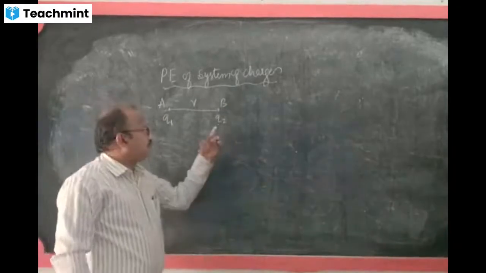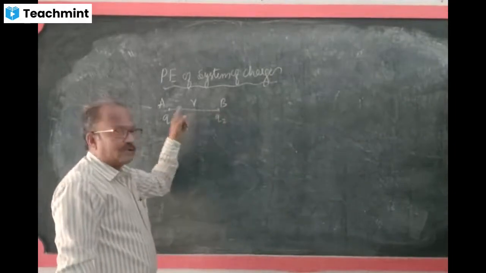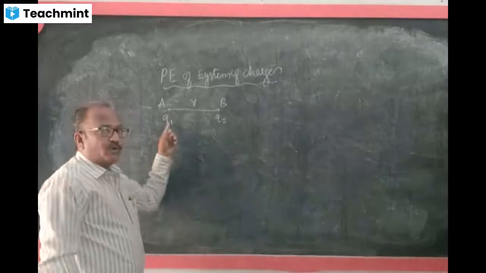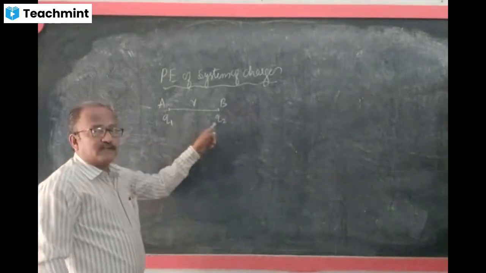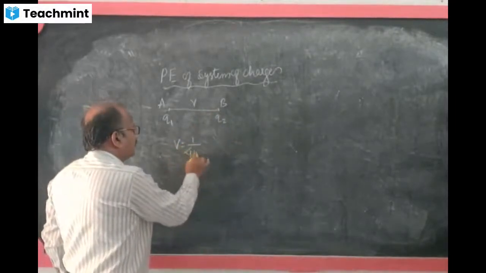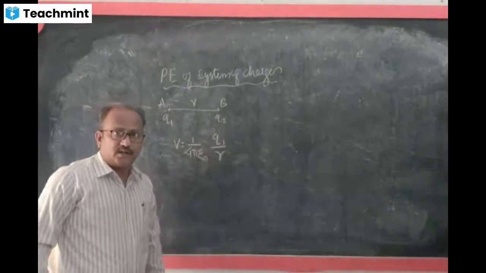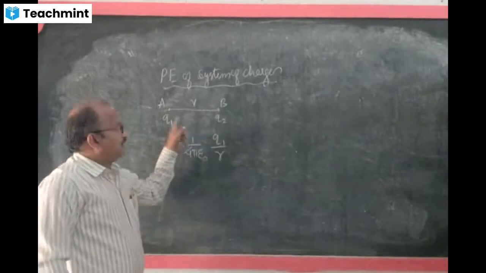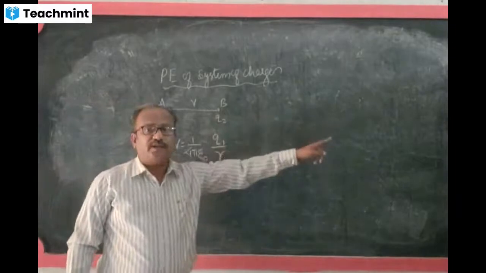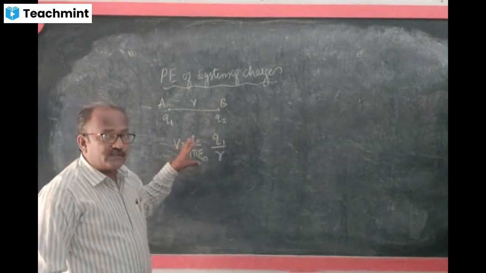To shift Q2 from infinity to a particular point B, which is at a distance r from point A, the electric potential due to the first charge at point B can be written as V1 is equal to 1 divided by 4 pi epsilon naught, Q1 by r. This is the electric potential made by the first charge at point B, where you are going to shift the charge Q2 from infinity.